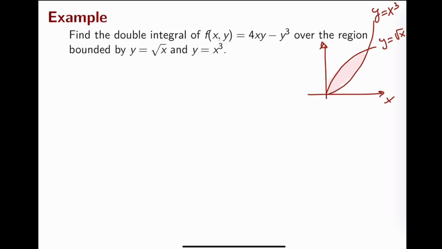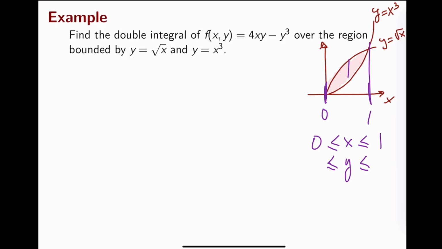First, let's decide if this is a region of type 1 or type 2, and as I said before, it could be that it's both. So for instance, for type 1, we have to define this region as a variation of x, and in this case that is possible. We can define this region as x varying between two constants, 0 and 1. And we can define the variation of y as varying between two functions, right?